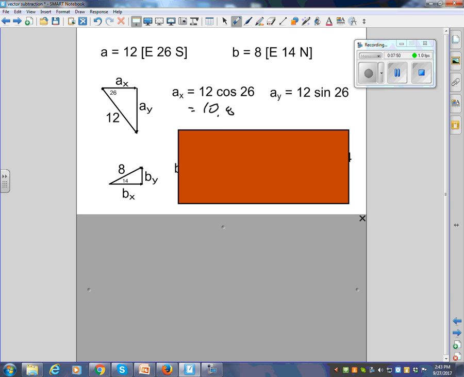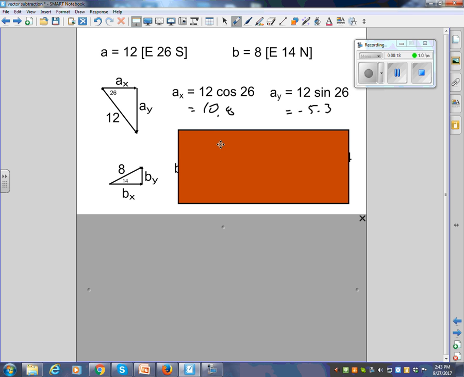Now the x is to the right, so it's going to be positive. The y is down: 12 sine 26, 5.3, minus 5.3. If it was up, it would be positive. If it's west, it's negative. West is negative. Yeah.